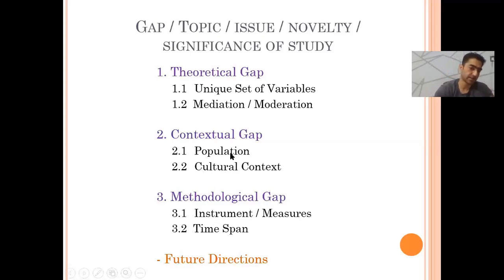You can conduct a study in a different environment. And then the methodological gap: you are going to have a different instrument or tool to collect data, or it can be the time span, or it can be the reporting mechanism. So anything you can add in a methodology or research design can also add rigor into your research.